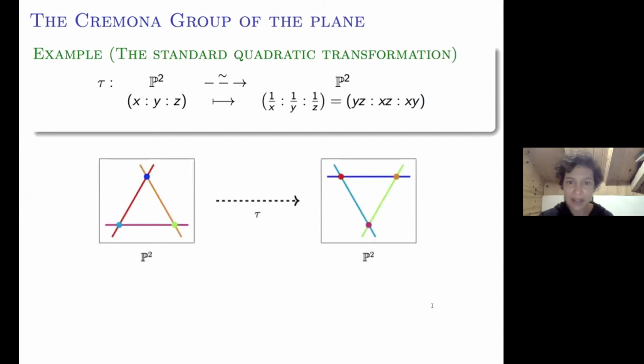So one can see from this description that this map is an involution, and it has a very simple geometry. You can check using this expression that it's not defined precisely at the three coordinate points. These are what we call the points of indeterminacy of the map, and it contracts the three coordinate lines to the opposite coordinate point. So this is more or less the geometry of this very simple quadratic involution.